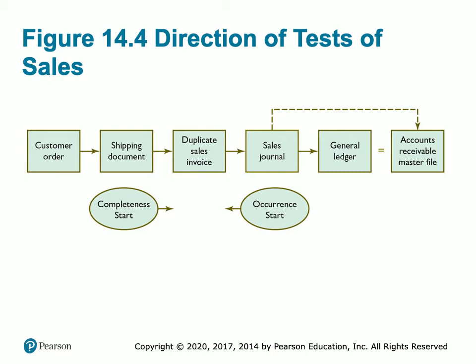So what direction do you test? This is very important. When you're testing for assets and you're testing for whether there's existence, you want to test from the accounting records to the source documents, because you're testing to make sure that the items recorded in the general ledger do in fact exist.